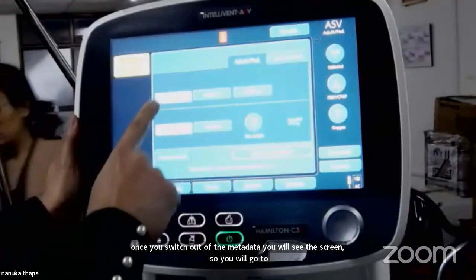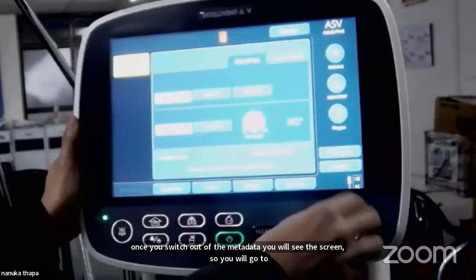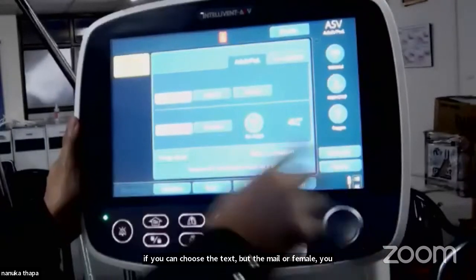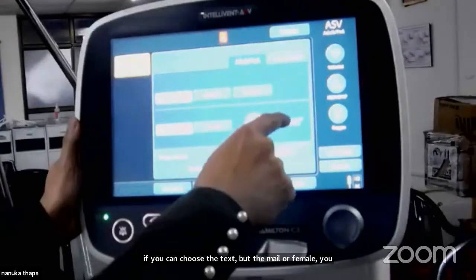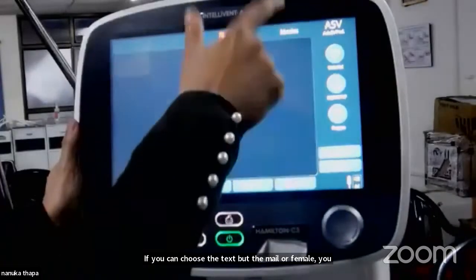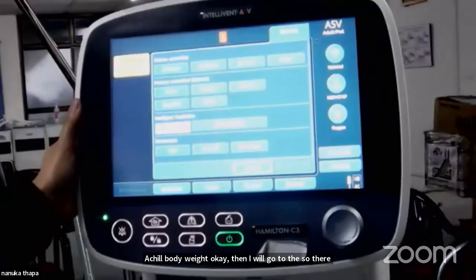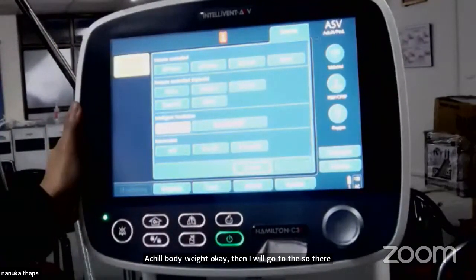Then you can choose the sex, male or female. You will enter the patient height. I have entered it as 150 centimeter, so it will calculate the ideal body weight depending upon the sex and height. Then I will go to the modes. There are 3 basic modes that we have discussed: pressure control, SIMV, and PSV.